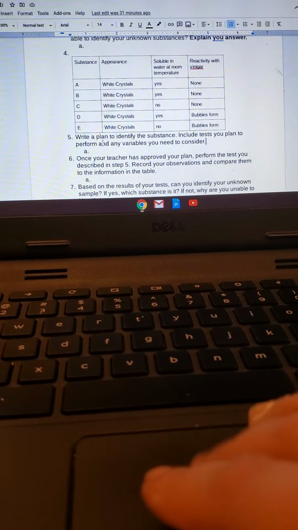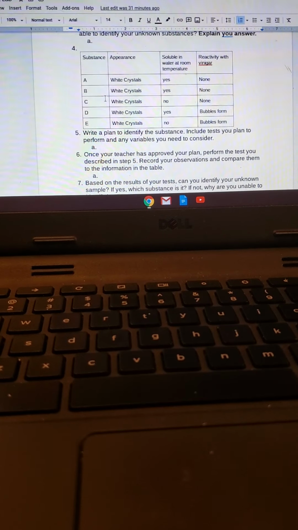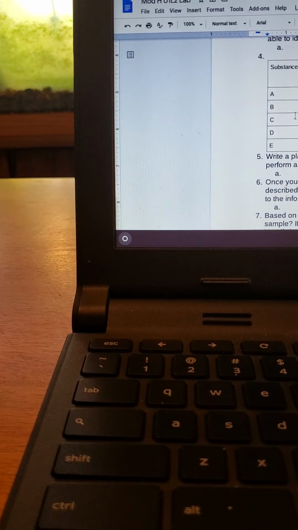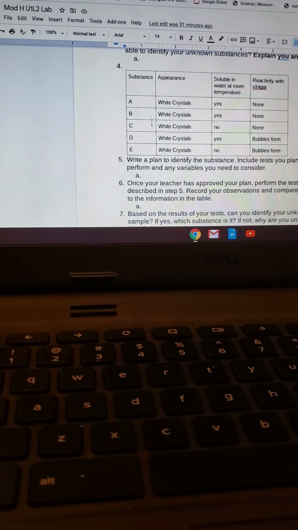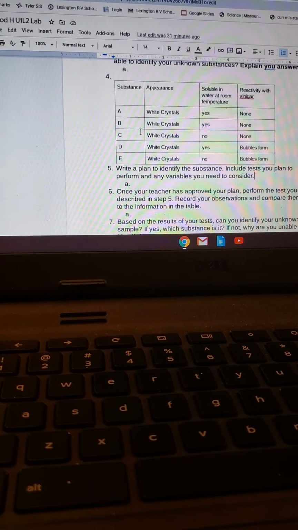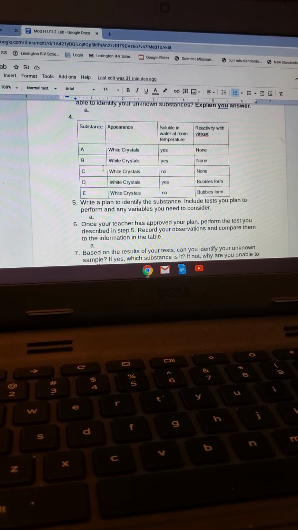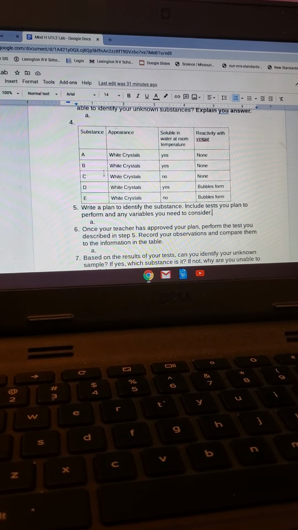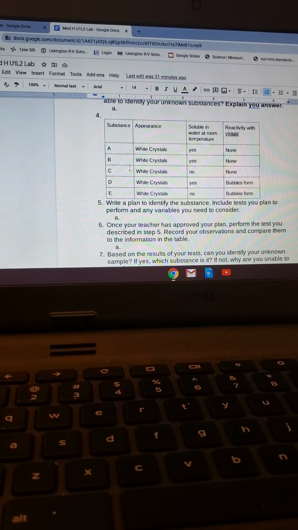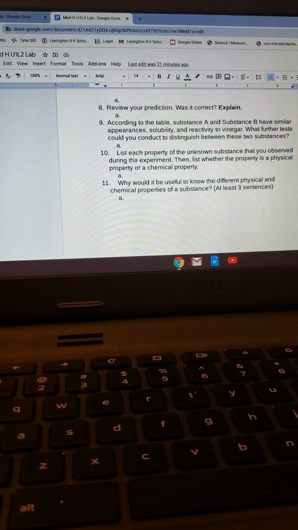So I will tell you, number 1 was E. Number 2 could have been A or B. 3 also could have been A or B because they're both very similar objects. 4 was D, and C was 5. So go ahead and say if you were correct or not.